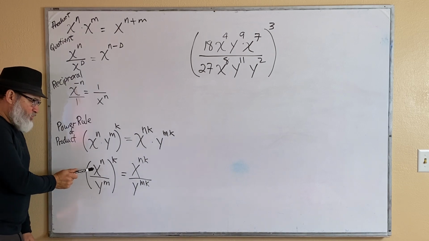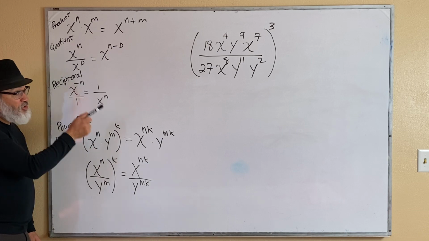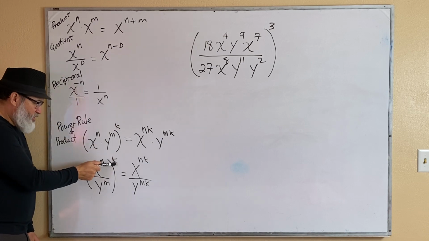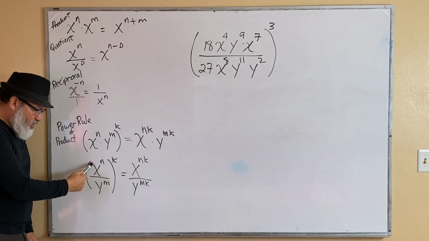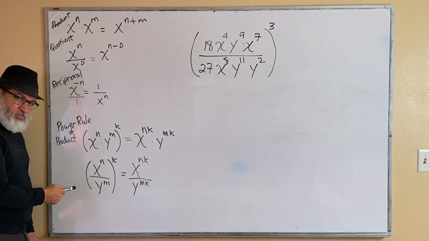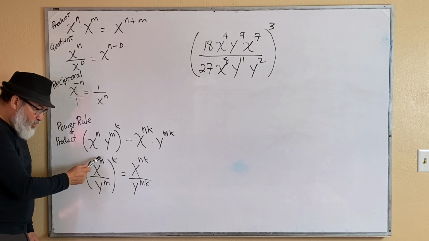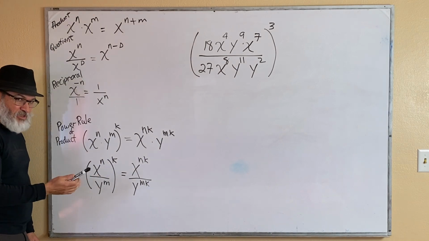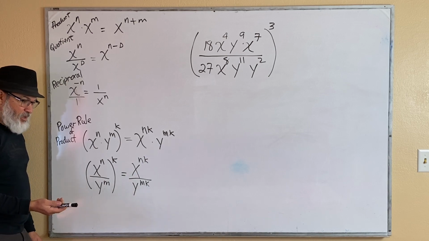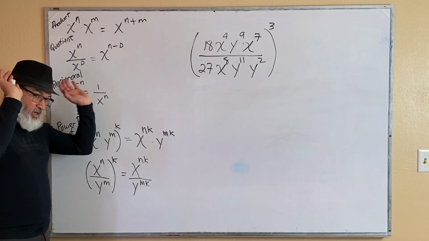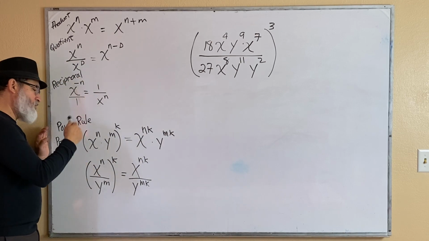Listen, guys. Before you apply this rule, the product of the quotient, which is what we have there, you better clean the house. Before you raise the roof, you better clean the house. Does that make sense? Whenever you have a party and we raise the roof, I hope you clean the house.